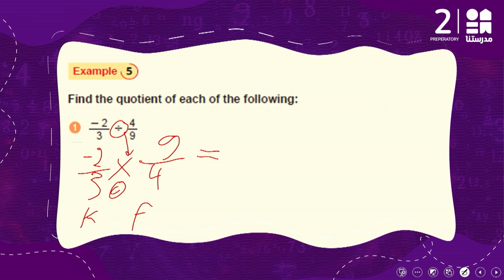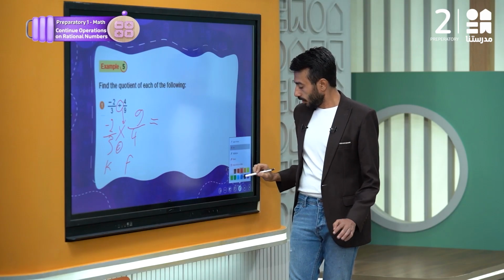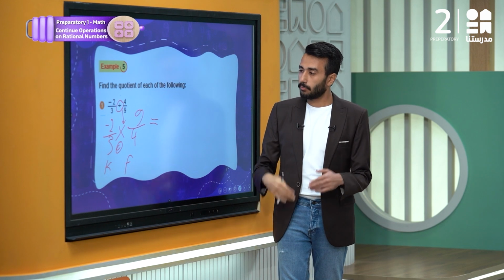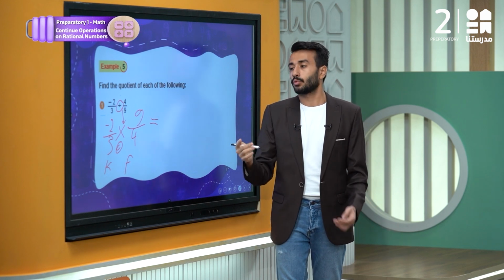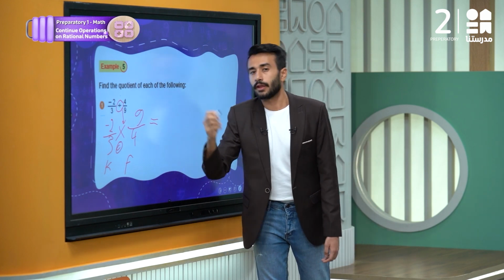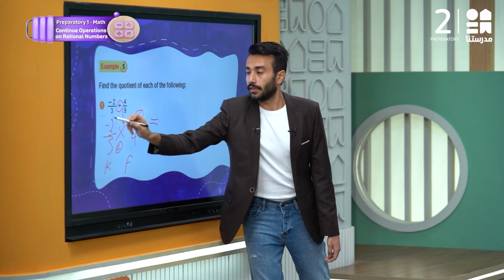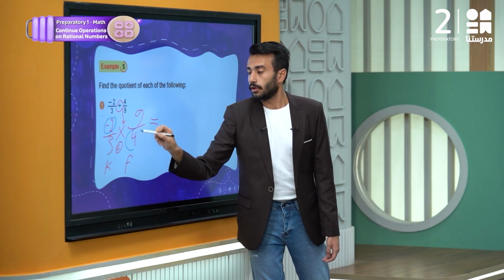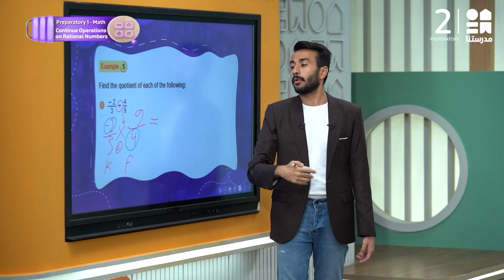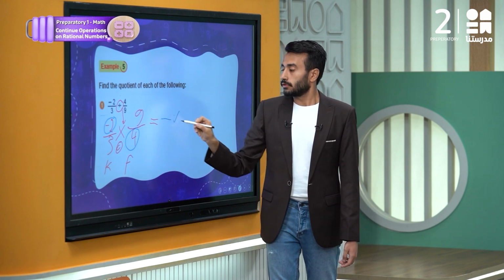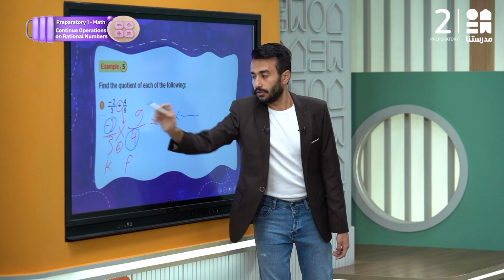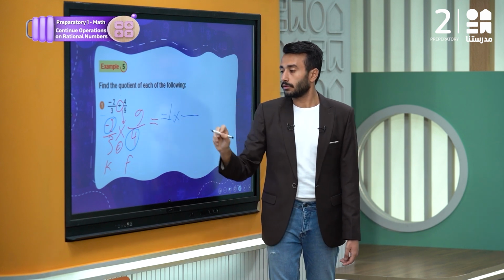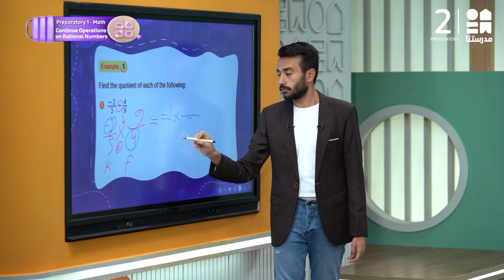Now it's a multiplication question normally, and we use the same way of multiplication like the previous ones. Before multiplying, let's simplify as we said. So negative 2 and 4, both of them are divisible by 2. 2 divided by 2 is 1, and we have a negative sign. 4 divided by 2 is 2.